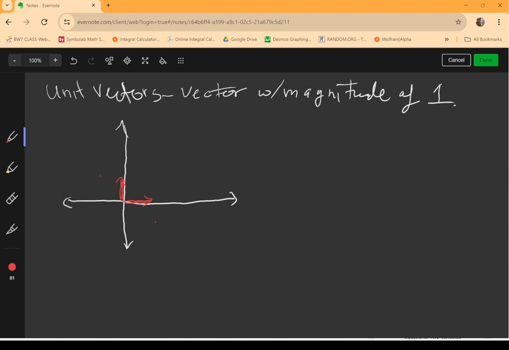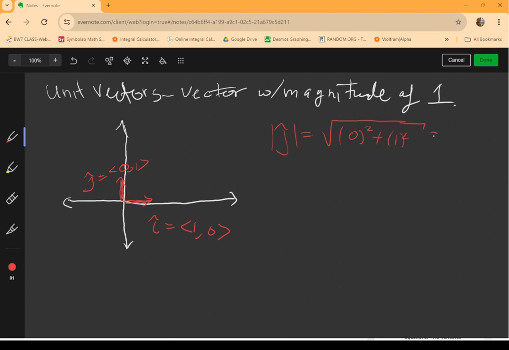Usually we refer to them as I hat, which is the vector strictly along the horizontal, in standard position (1, 0), and the vector J hat, which is along the vertical, and we can refer to it as (0, 1). As you can see for both of these, the magnitude of J hat is the square root of the sum of its components squared.